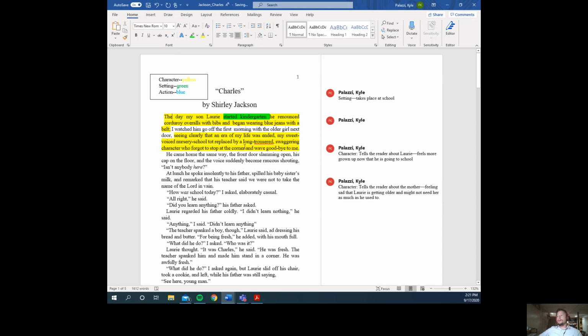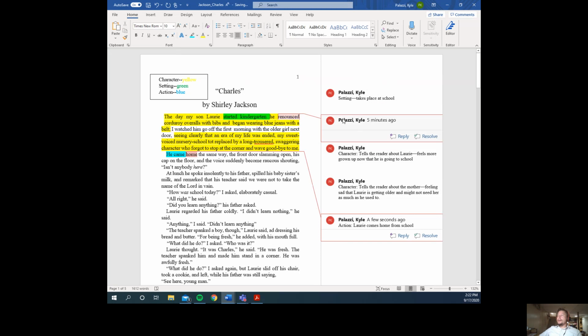"He came home the same way, the front door slamming open, his cap on the floor, and the voice suddenly become raucous, shouting, 'Isn't anybody here?'" So I'm going to highlight "he came home," and again we're going to do this in blue, and we're going to leave a comment. Action: Laurie comes home. Okay.